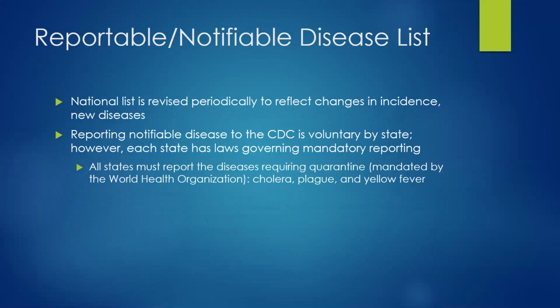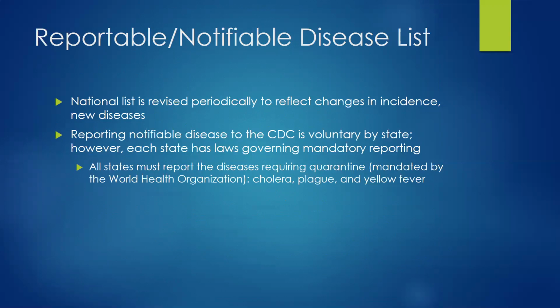So one example of this is the notifiable disease list. And this is a national list. It's periodically revised, but it's a list of diseases that if a healthcare provider or a laboratory sees a positive case of one of these diseases, they are required by law to report it. Although, excuse me, the laws vary somewhat.